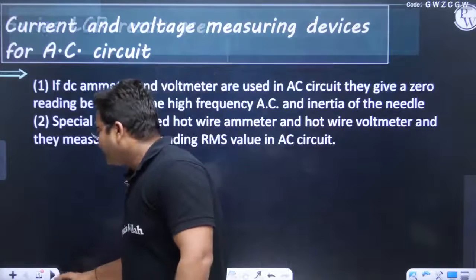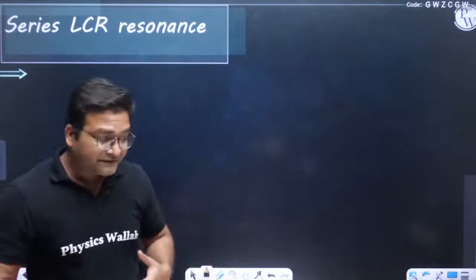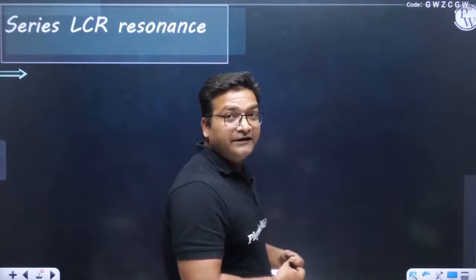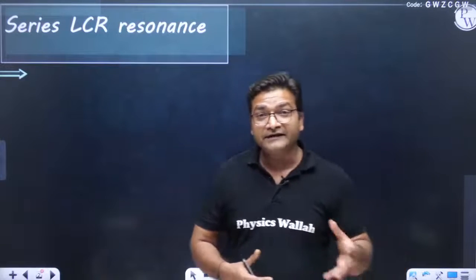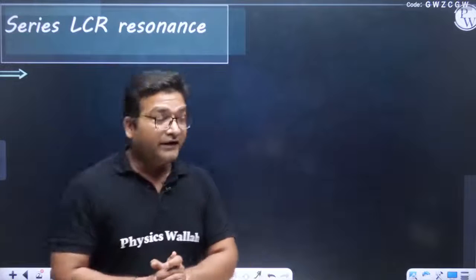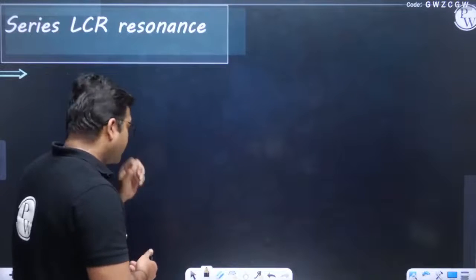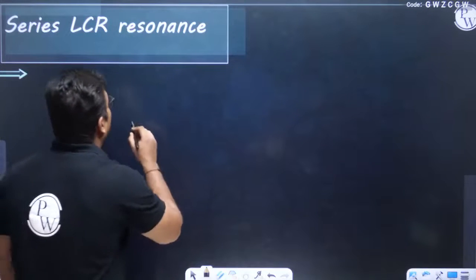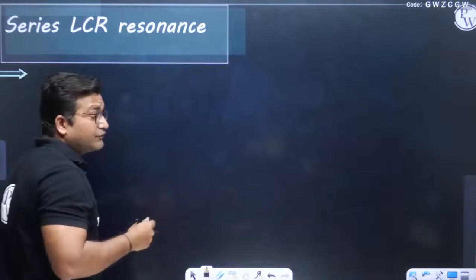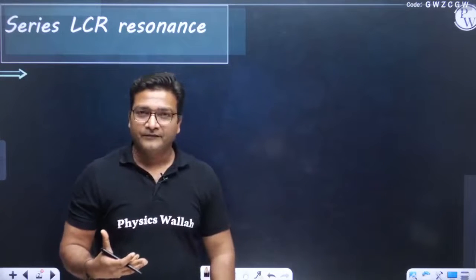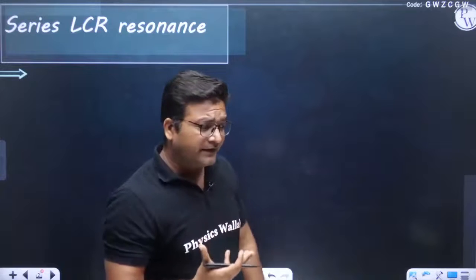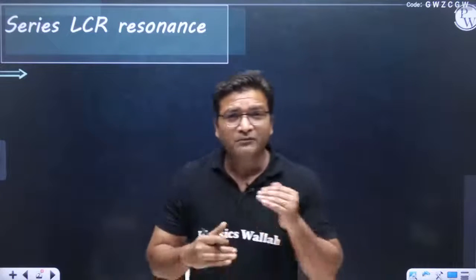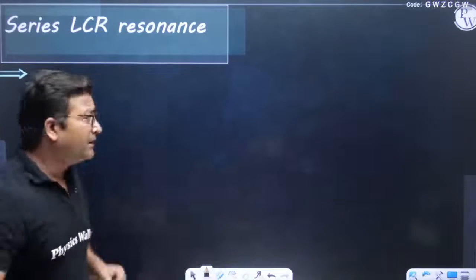Now we will study a special feature of the LCR circuit, that is series LCR resonance. What is series LCR resonance, or what is the meaning of resonance? Whenever resonance occurs in an AC circuit, the only and the most important condition is the power factor.